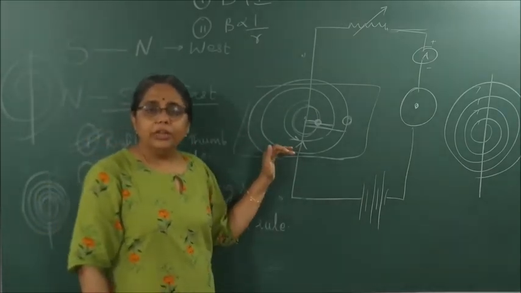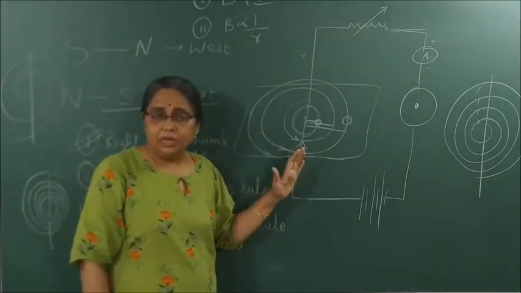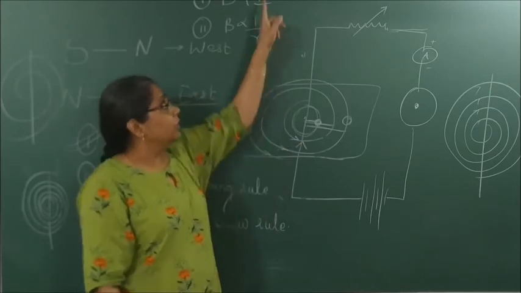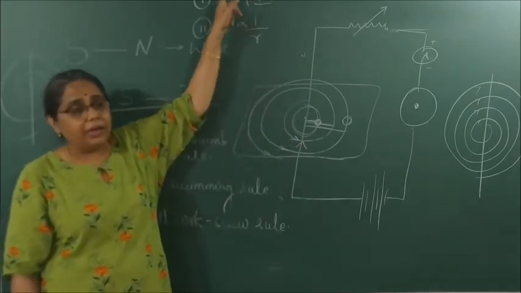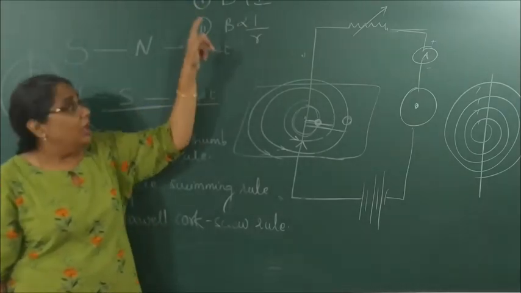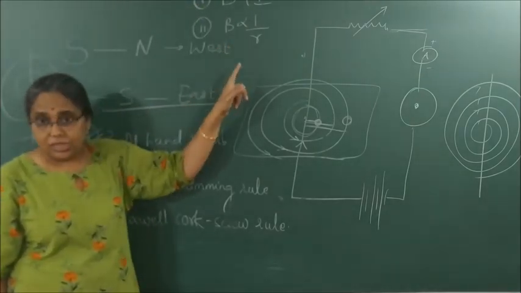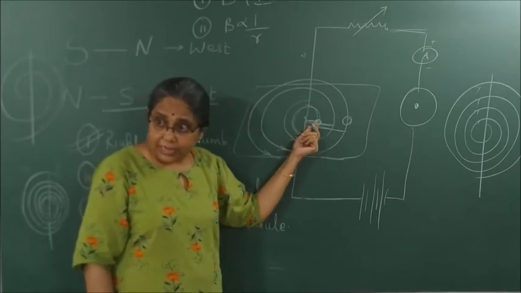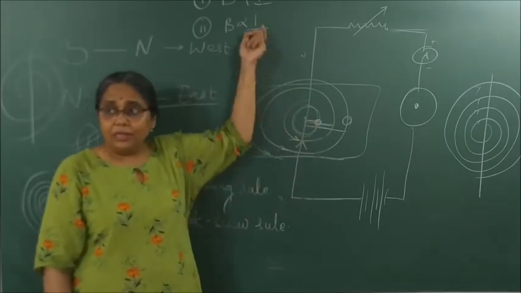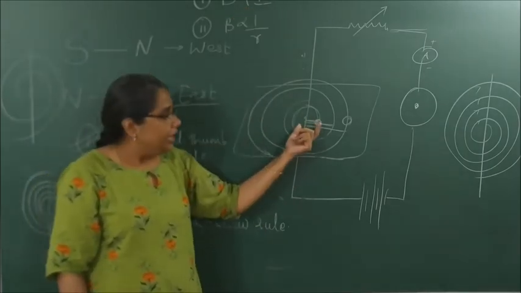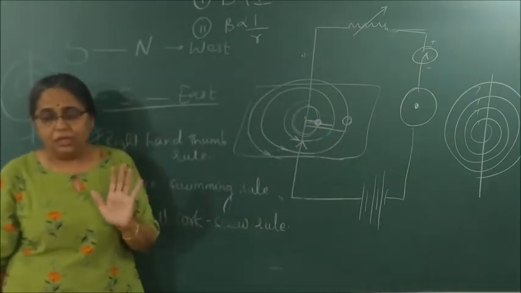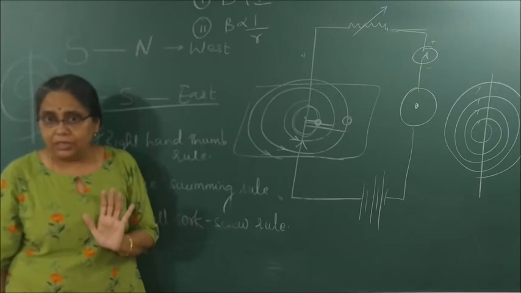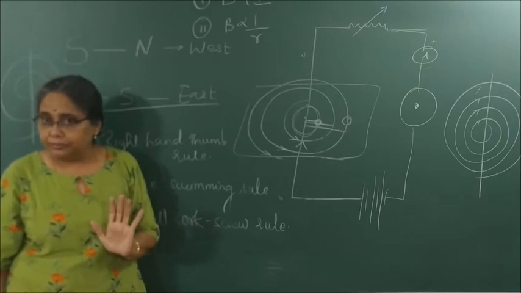If I want to increase the magnetic field, I should first increase current. If I reduce the distance from the conductor, magnetic field increases. If I increase the distance, magnetic field decreases. Everything about straight conductor carrying current clear?